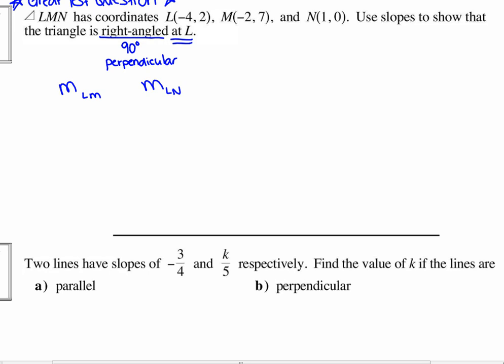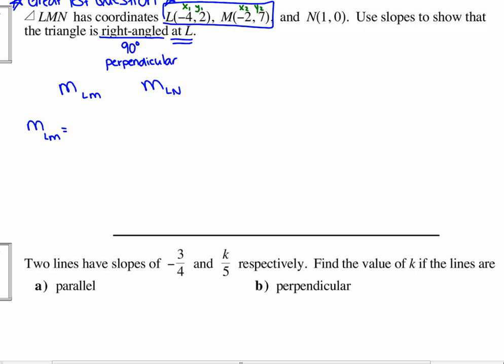Okay, so slope of LM. Y2 minus Y1. So here, who's going to be Y2? X1, Y1, X2, Y2? Sure.